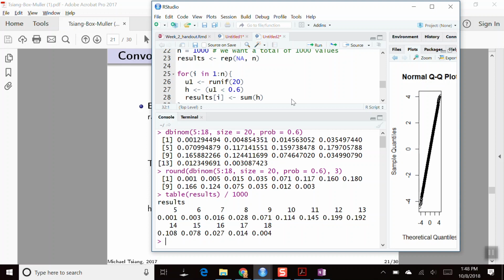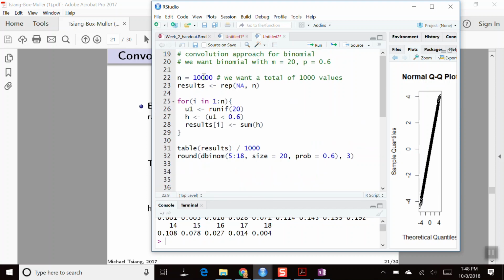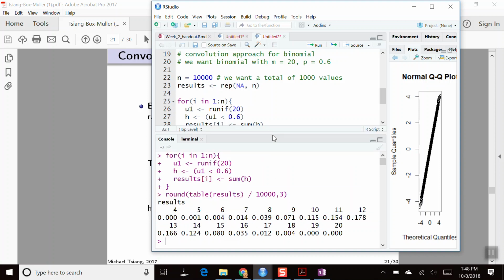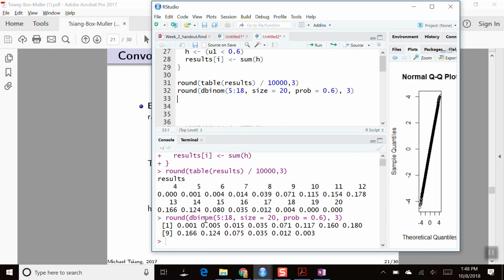If I did more than 1,000, I'd probably get an even closer match. So these are empirical results, and these are theoretic results. I'd say we're getting pretty close: 160 versus 154, 180 and 178, 166 and 166, 124 and 124.